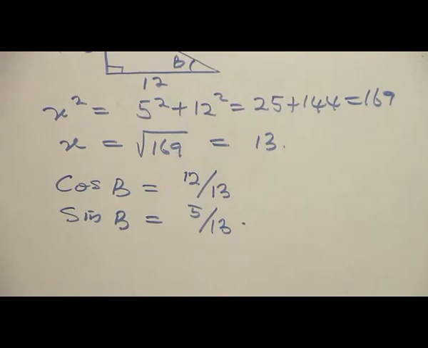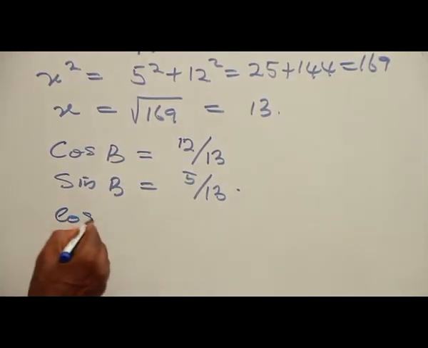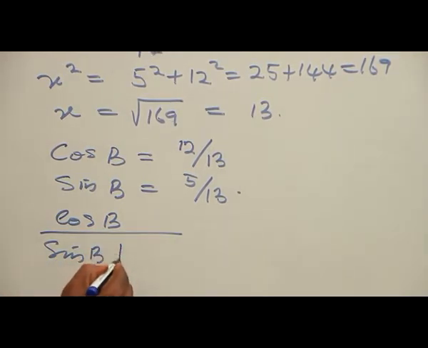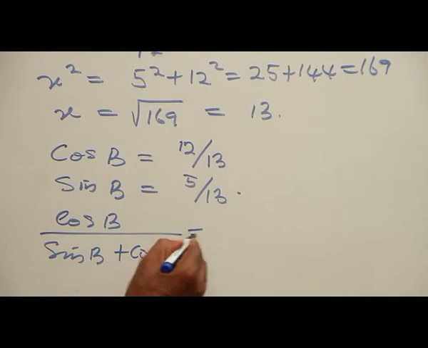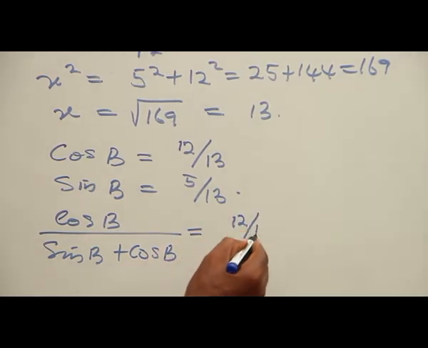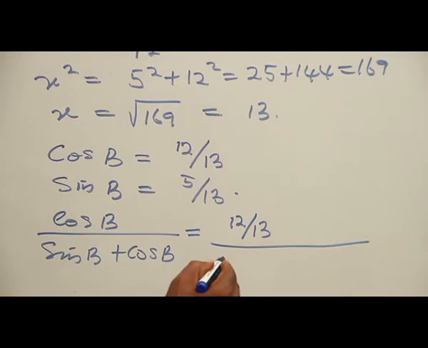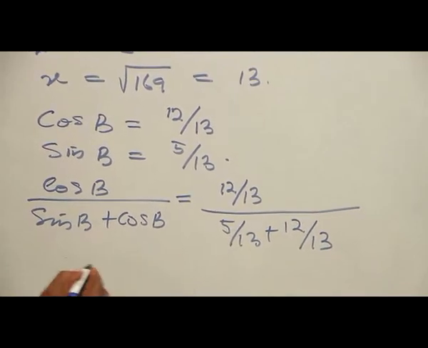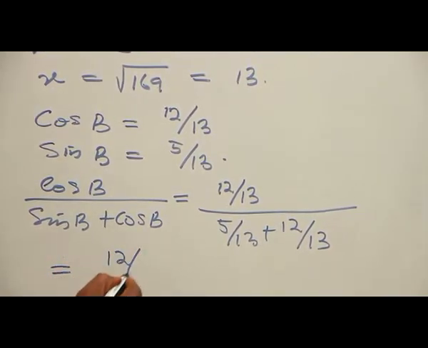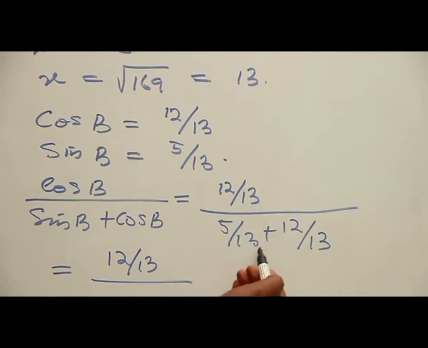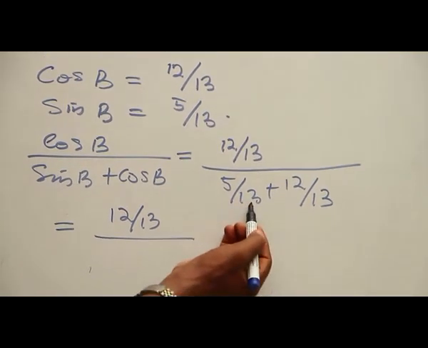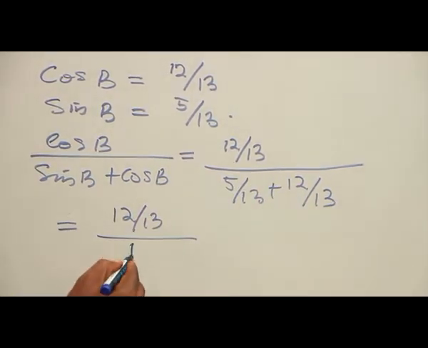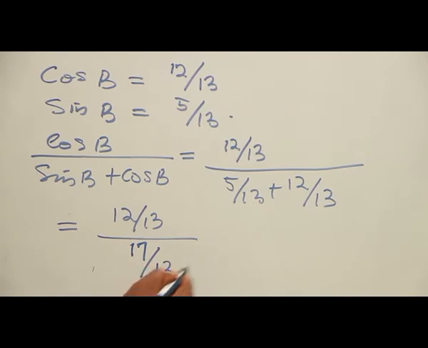Substituting them in the given expression, cos B all over sin B plus cos B will be equal to 12 all over 13 all over 5 all over 13 plus 12 all over 13. Simplifying the denominator, because their denominators are equal, 13 and 13, you add the numerators. 5 plus 12 is 17 all over 13.